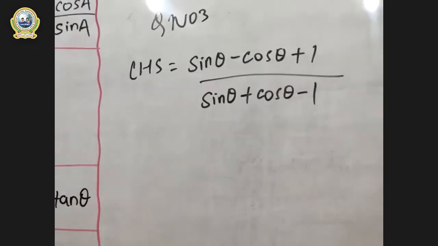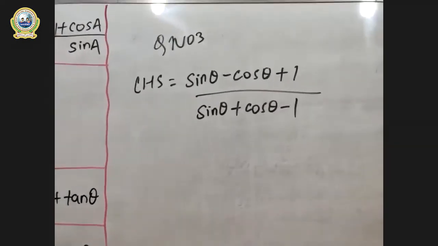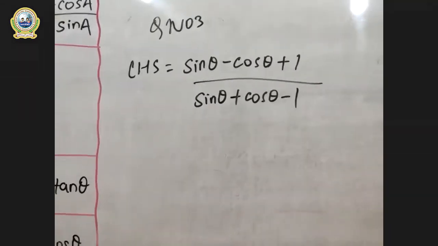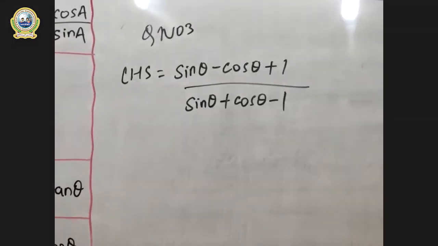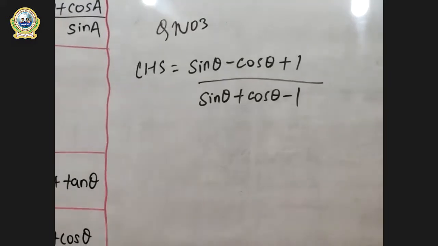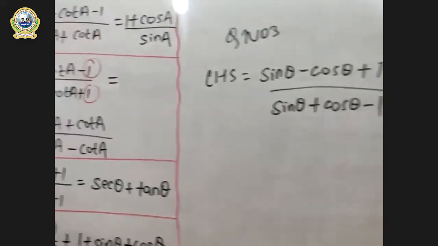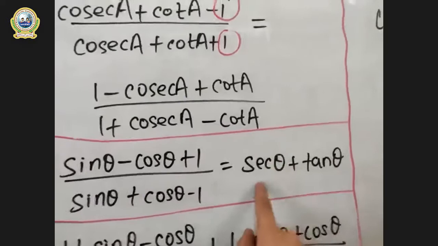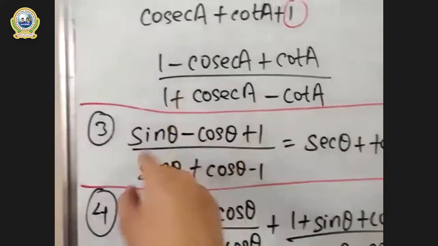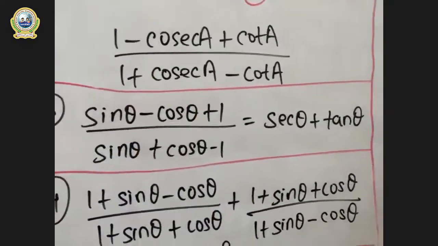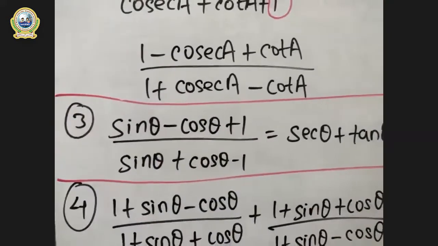Now can you tell me, will this take format A or B, rule A or rule B? It will take none, because look at the question again. Here we have sec and tan, but here we have sin and cos. And trust me, this kind of question can't be solved in sin cos.